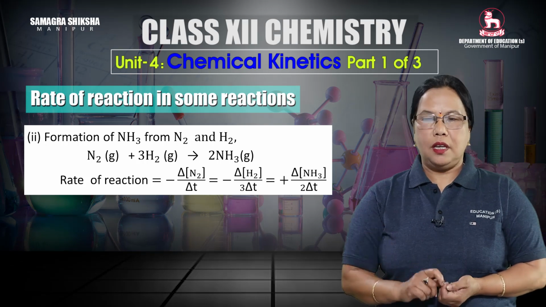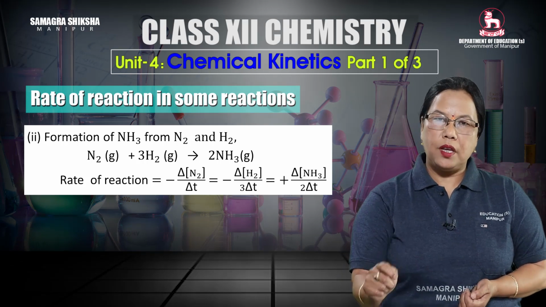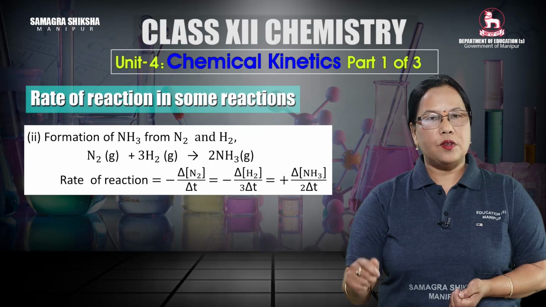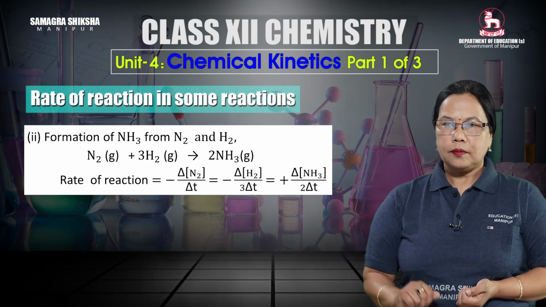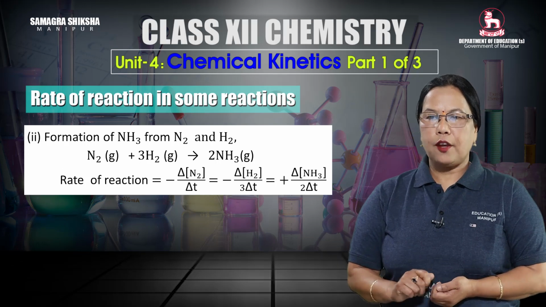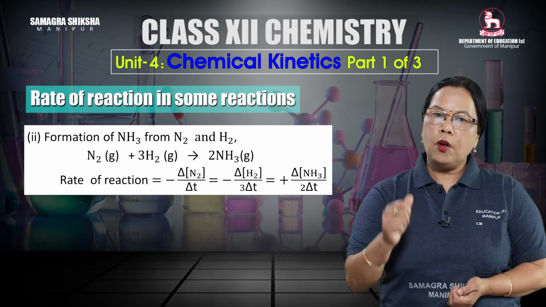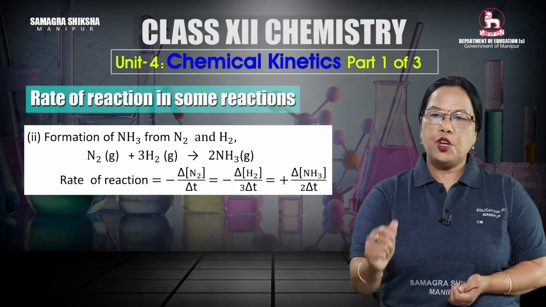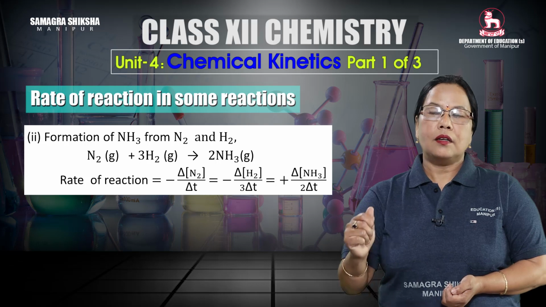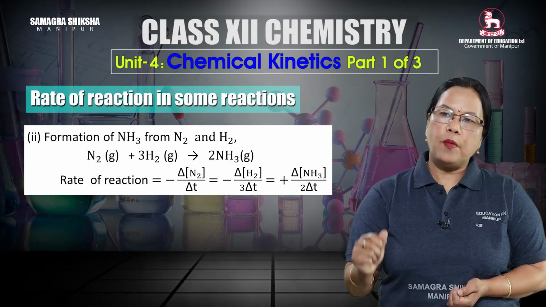The second equation is the formation of ammonia from nitrogen and hydrogen. Here we see that 1 mole of nitrogen gas reacts with 3 moles of hydrogen gas to give 2 moles of ammonia gas.